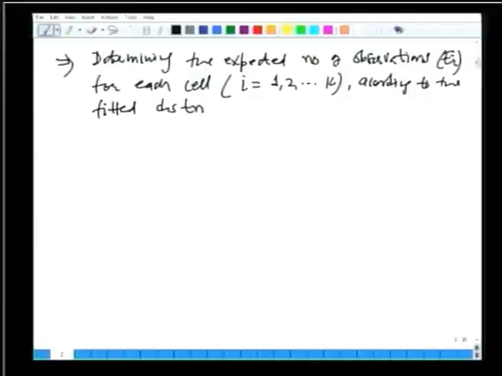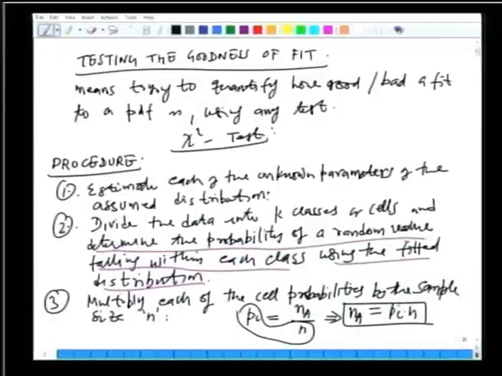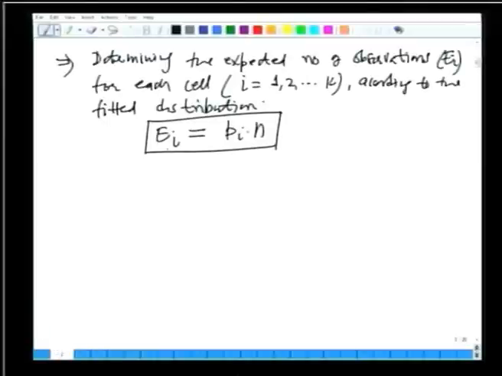Is this clear? So let me say that your E of i is nothing but the cell probability which you have determined multiplied by the total number of data points, or the sample size. If I go back, we are multiplying each of the cell probabilities Pi by the sample size n, and that number is the expected number of observations in each cell.